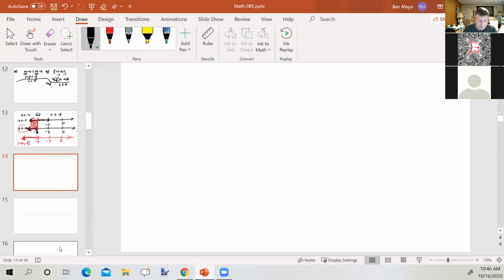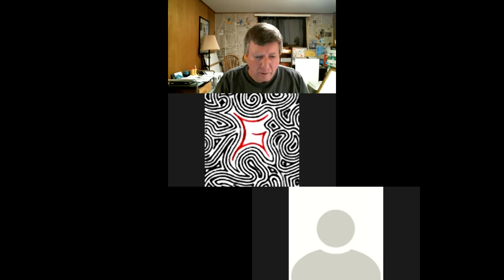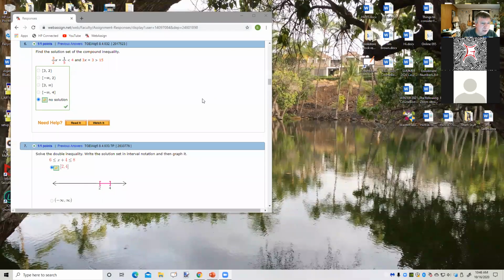Going on. We'll take a look at number 6. Find the solution set of the compound inequality. We have 3/2 x plus 1/5 less than 4 and 3x plus 3 greater than 15.